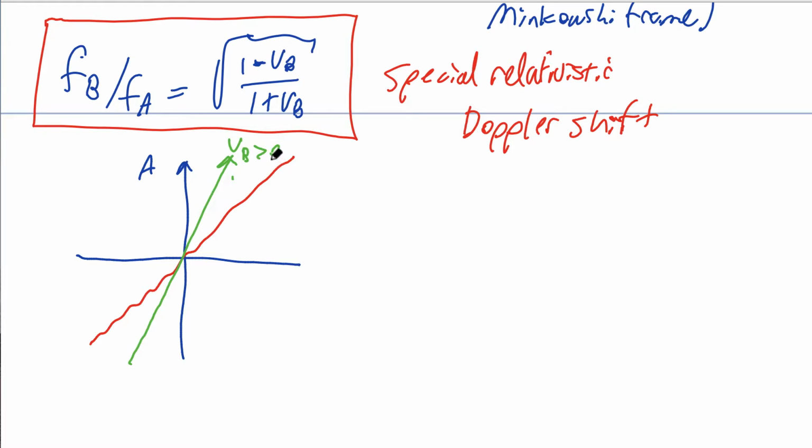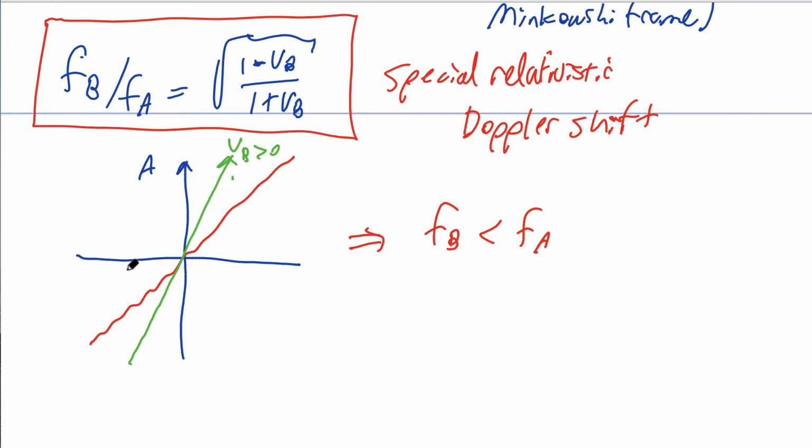So if VB is positive, that means (1 minus VB) divided by (1 plus VB) is smaller than 1. So in this case, we have FB is less than FA, right? And that makes sense because the observer B is moving along with the photon in the same direction as the photon. So that observer would measure a lower frequency than the observer A.